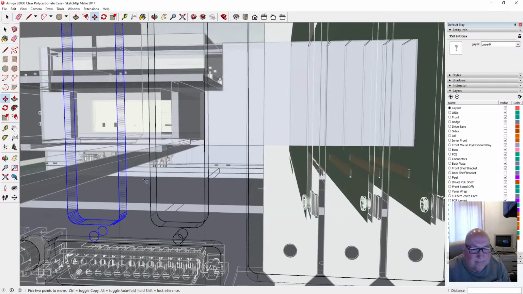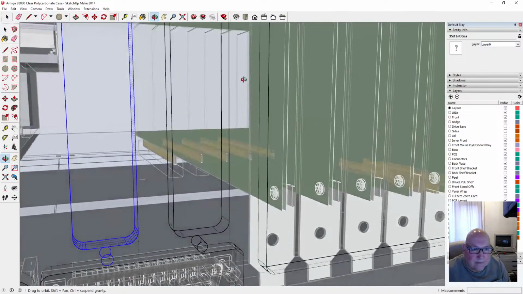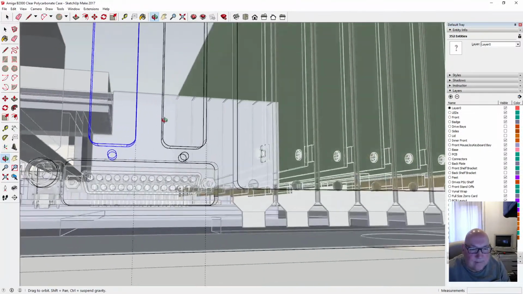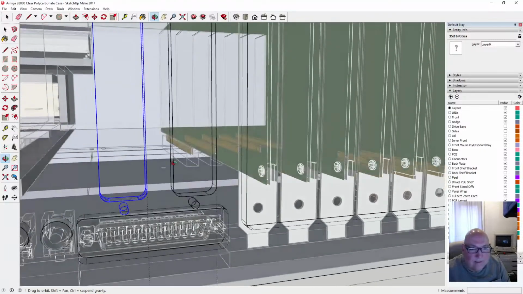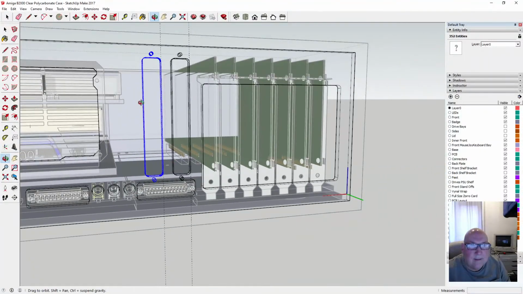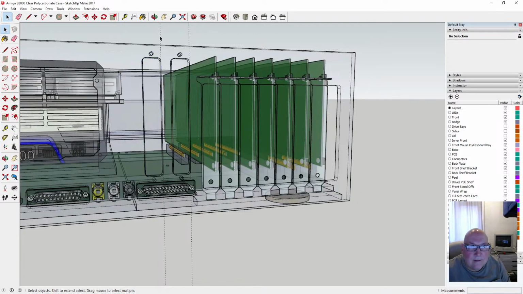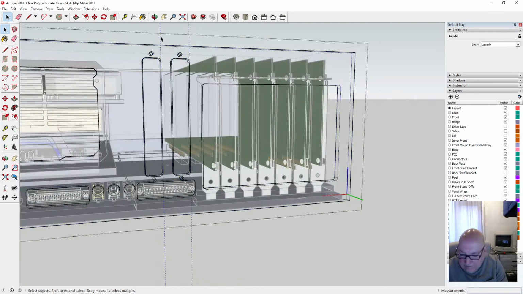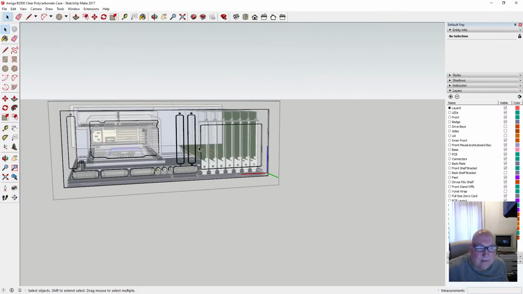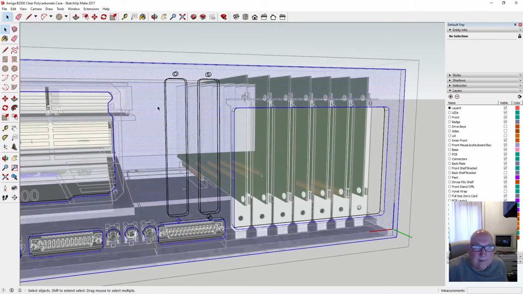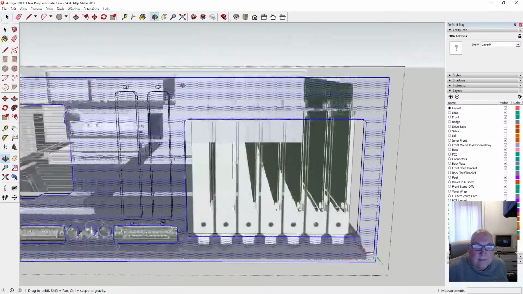Is that it? Yeah. Sort of, yeah, we're there. Okay, so we've got that. So I need to get rid of the construction line. Okay, so then we can push it through.